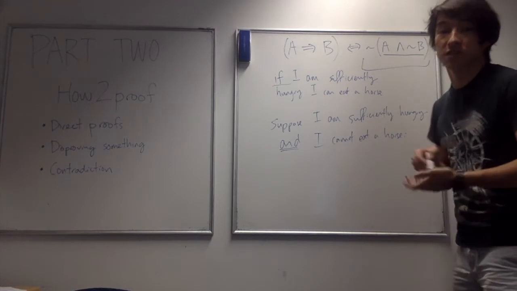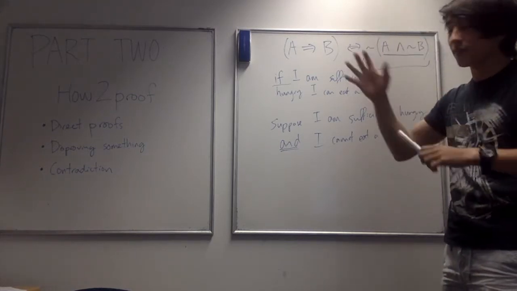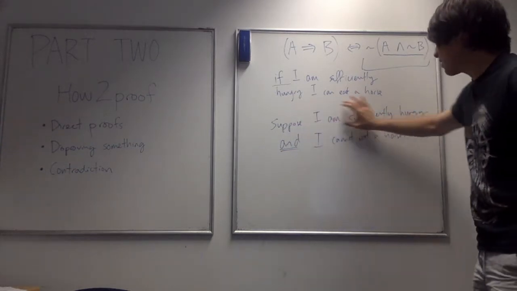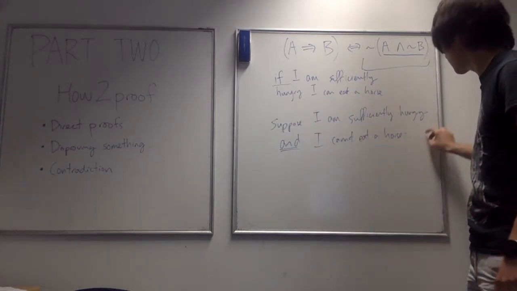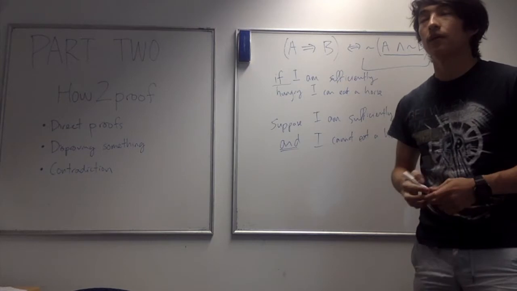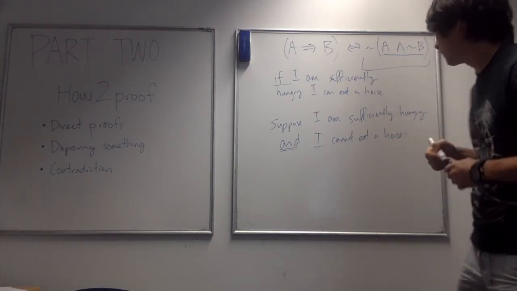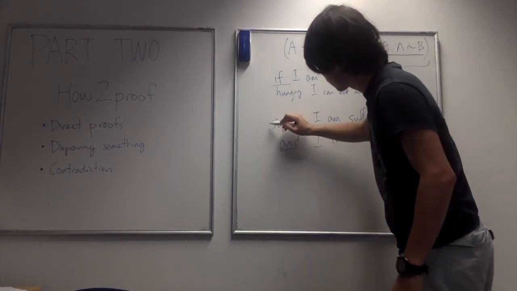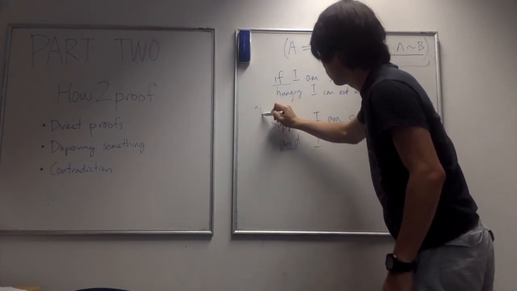So if you're doing a proof by contradiction, at the top of your proof, right at the start, you should have A and not B. And you can even add, in front of the suppose, the phrase "with a view to contradiction."